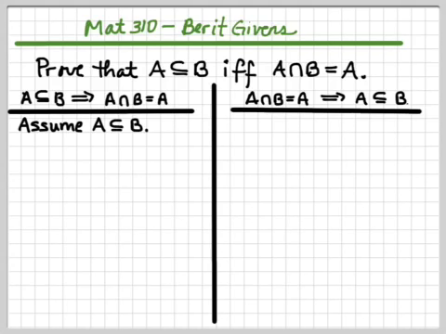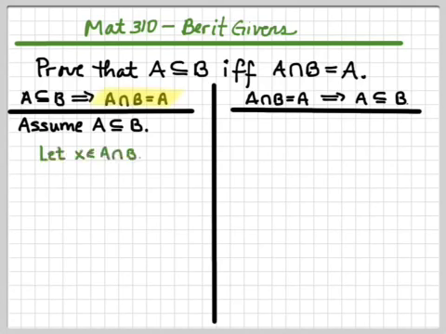Assume A is a subset of B. Now, we want to prove that A intersect B equals A. And so that's proving that two sets are equal. The method of proving two sets are equal that we discussed is to take an element in one set, show it's in the other, and vice versa. So I'm going to start with an element x that is on the left-hand side of this highlighted equality. So I'll let x be an element of A intersect B.